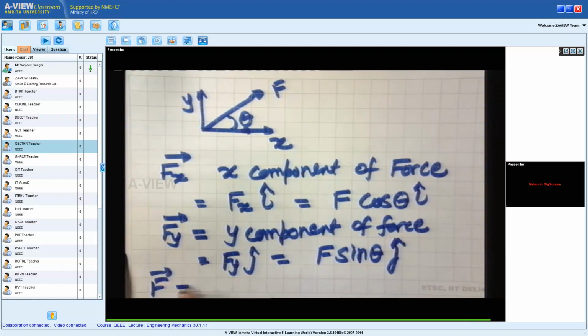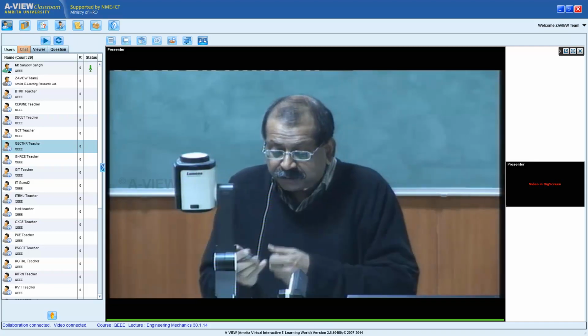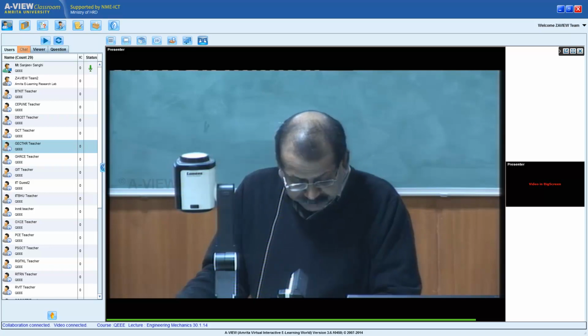And the force F is equal to Fx plus Fy, which is F cos theta i plus F sine theta j. So this is what I call resolving the force F along its i and j components.